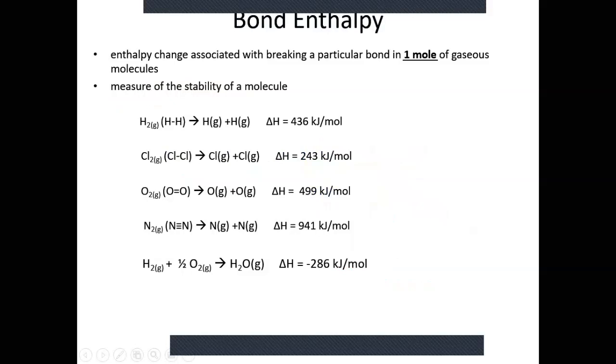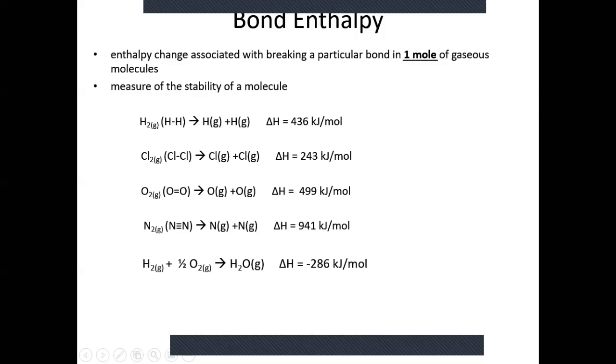So now the last topic that we'll be talking about in this lecture is bond enthalpy. So this is the amount of energy that it takes to break a particular bond when you have 1 mole of gaseous molecules. And so as you can see, the H-H bond is 436 kilojoules, whereas the chlorine-chlorine bond is 243.